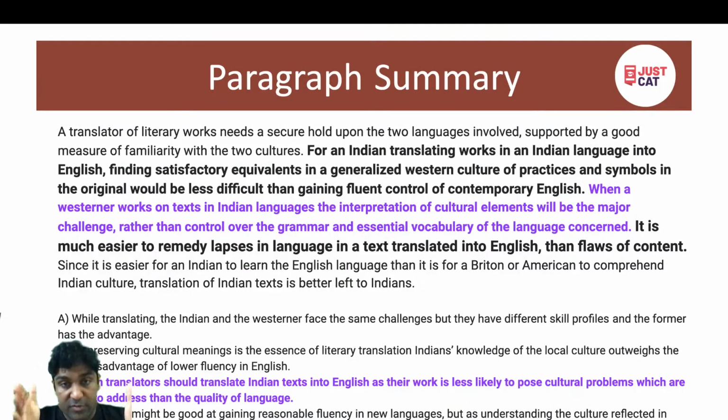The first part, that they are good at gaining languages, has never been mentioned, and again it is somewhat irrelevant, because in the passage they are saying that it is easier to remedy flaws in languages than flaws of content. If you haven't understood something properly and the ideas are not proper, then it will be difficult. Language can be reformed here and there, it can be modified, quality checks can be done, but the idea should be correct.